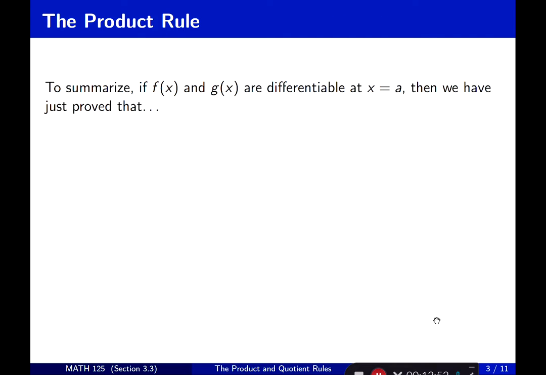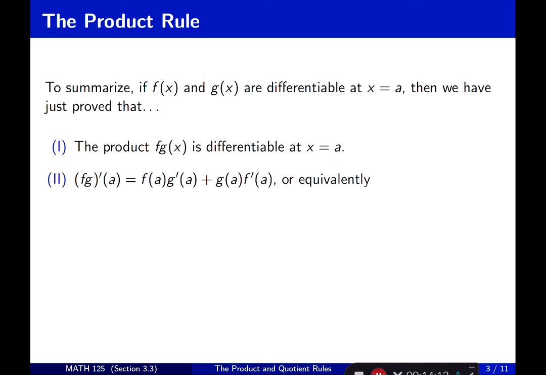So the product rule, to summarize what we did: if f and g are differentiable at x equal to a, then we have just proved that 1, the product f times g of x is differentiable at x equal to a. 2, fg prime of a is equal to f of a times g prime of a plus g of a times f prime of a. And this was Lagrange notation.